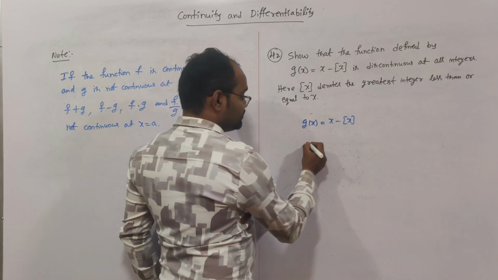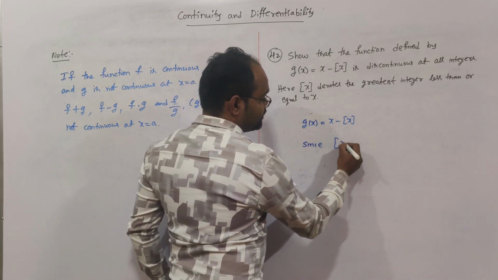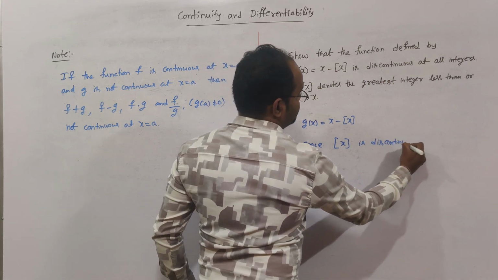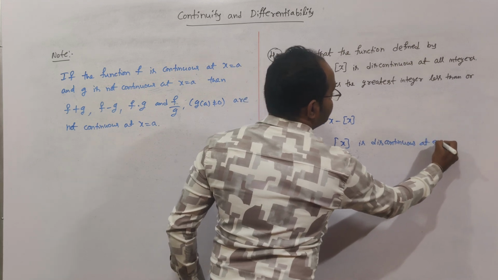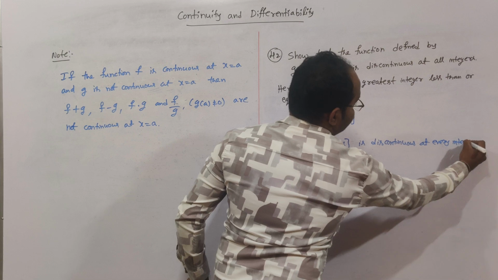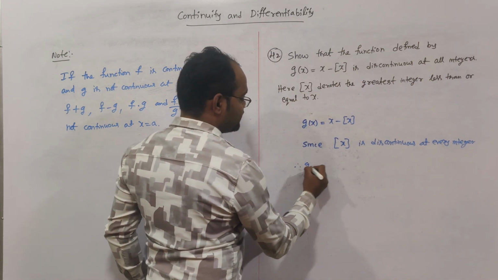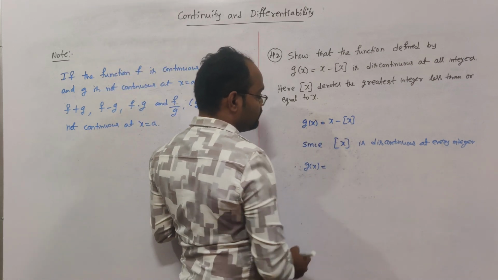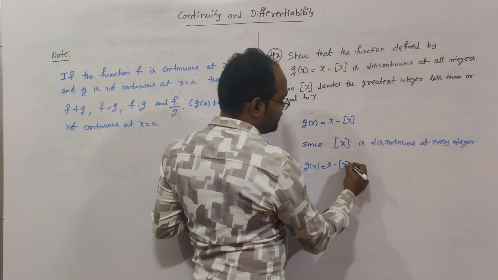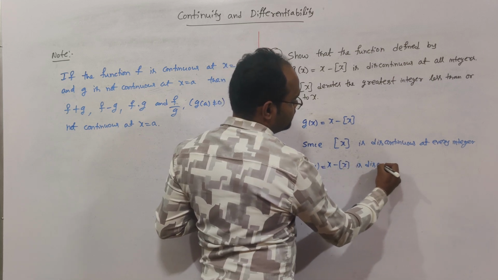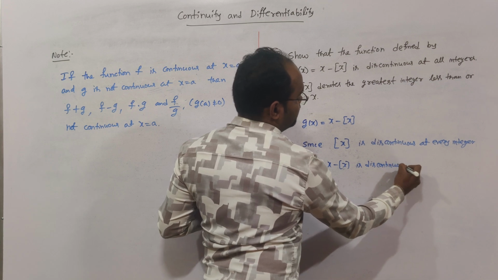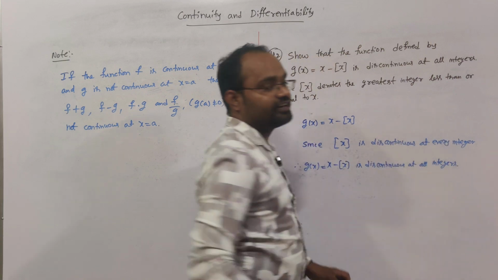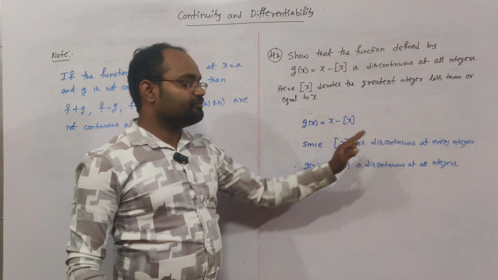Therefore, since greatest integer x is discontinuous at every integer, according to this property g of x, which is like f minus g, is equal to x minus greatest integer x and is discontinuous at all integers. That's all, right? Simple. This is how we can prove this.